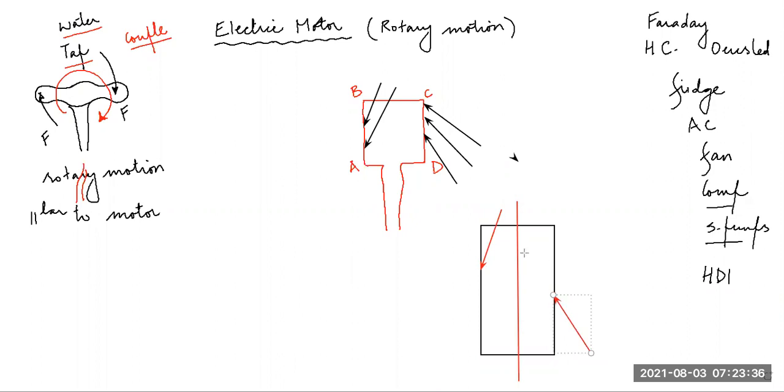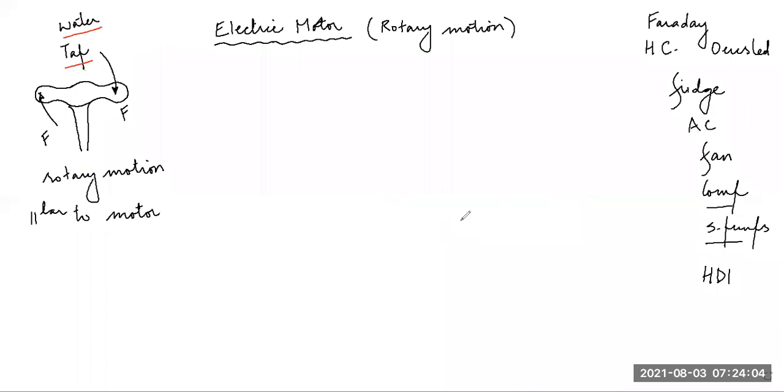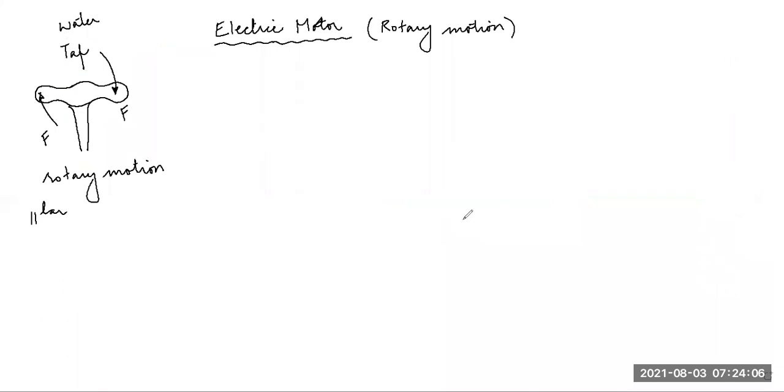It will rotate in which direction? Clockwise. You see, this side is coming down, this side is going up, so don't you think it's rotating in this direction? This side going down and this side going up, so this is anti-clockwise. These two observations are important to understand the working of an electric motor, students.